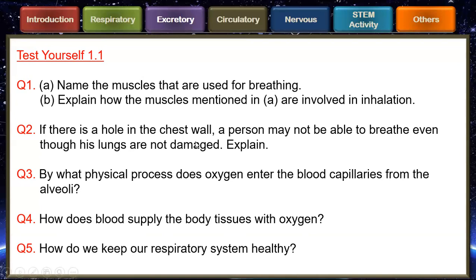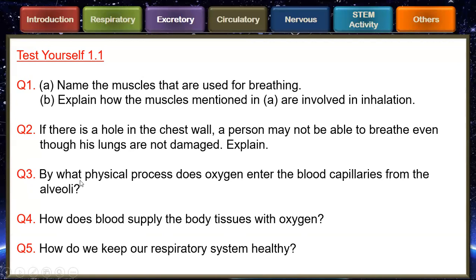Remember, when we breathe in air, there's a pressure involved. The pressure will not be there if there is a leakage or damage on the chest wall. If there's a hole, of course, there's another path for the air to enter or go out. That gives you the idea now, so you can continue to explain it.